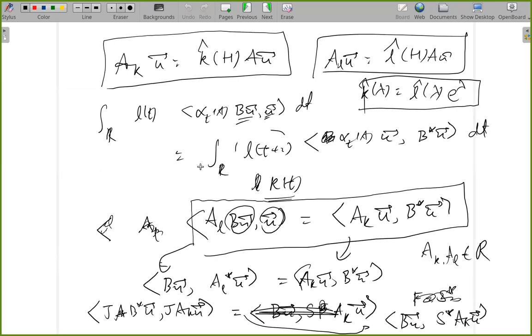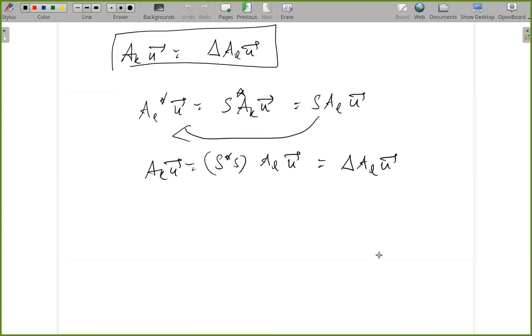So once you have an S, not an S star, but rather an S. I mean, I'm kind of working backwards.